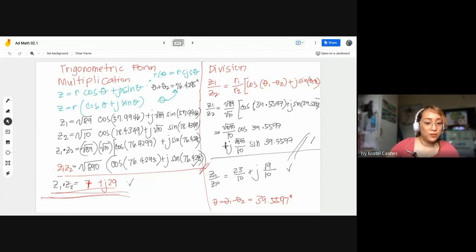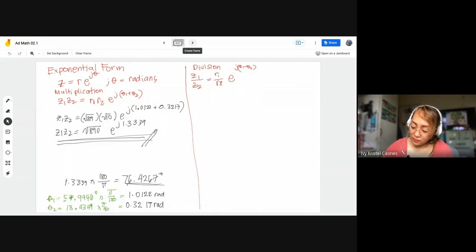It's okay. In the division naman, it will be square root of 89 over square root of 10 e to the j, 1.0122 minus 0.3217.